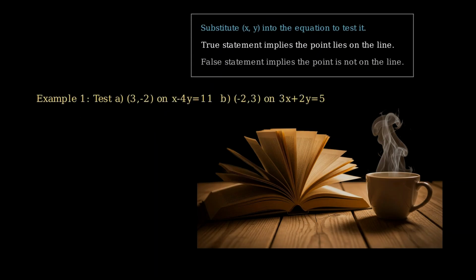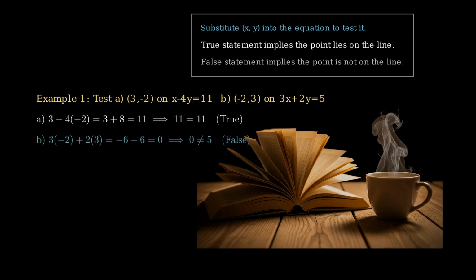Let's solve example 1. For a, we substitute 3 for x and -2 for y into the equation x minus 4y equals 11. This gives 3 minus 4 times -2, which simplifies to 3 plus 8 equals 11. Since 11 equals 11 is a true statement, the point 3, -2 lies on the line.